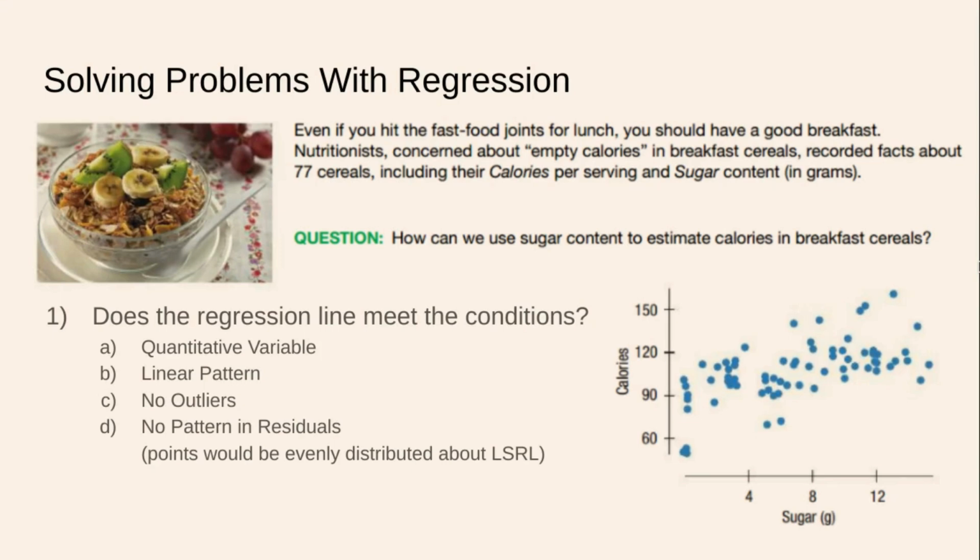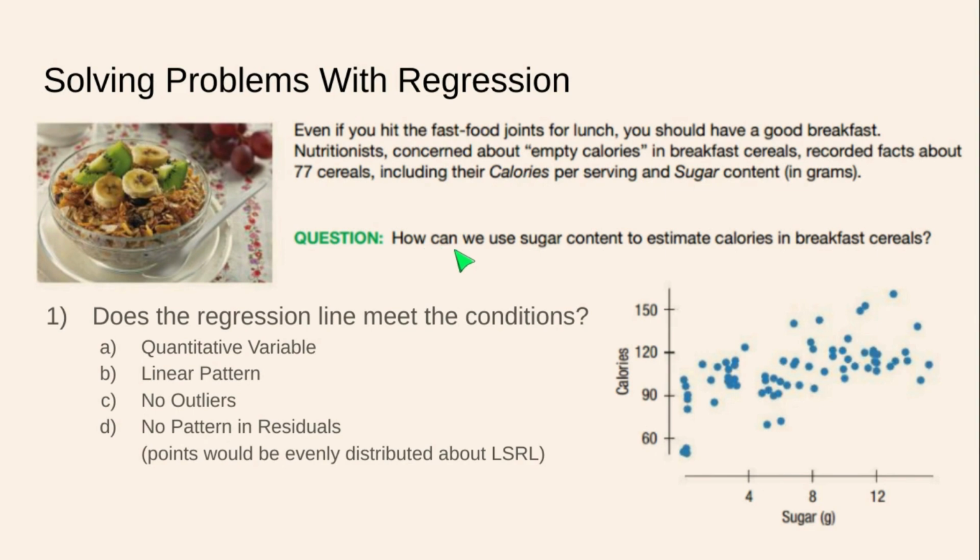So here's an example that puts everything we've learned in Chapter 7 together. Even if you hit the fast food joints for lunch, you should have a good breakfast. Nutritionists concerned about empty calories in breakfast cereals recorded facts about 77 cereals, including their calories per serving and sugar content in grams.